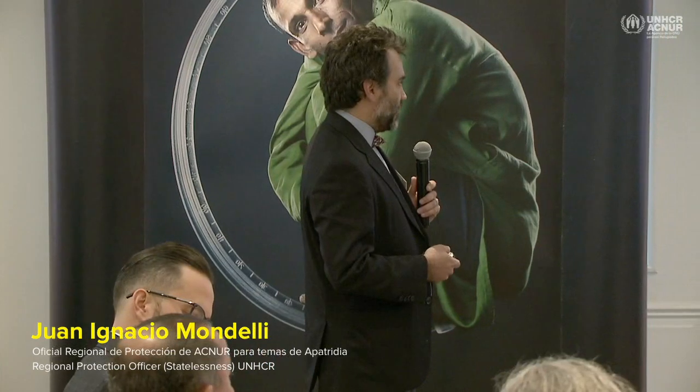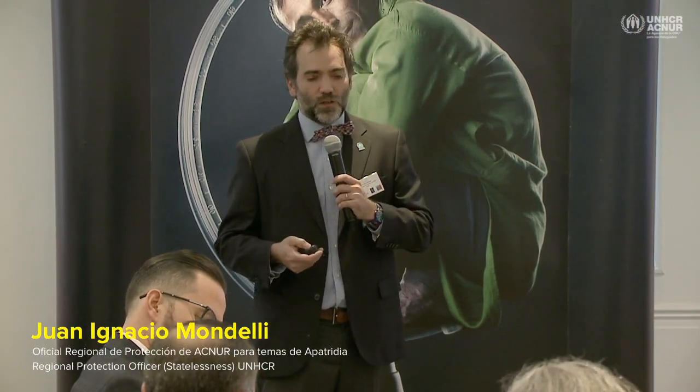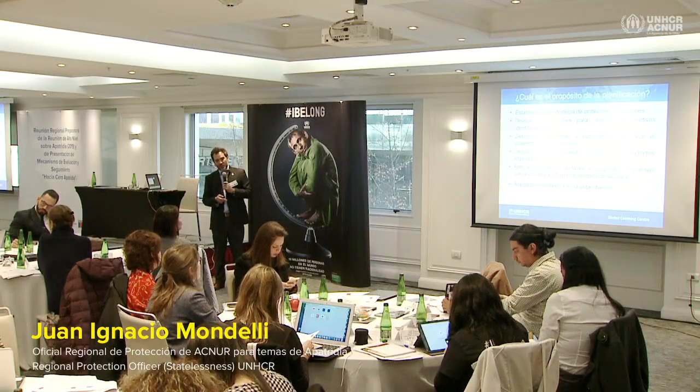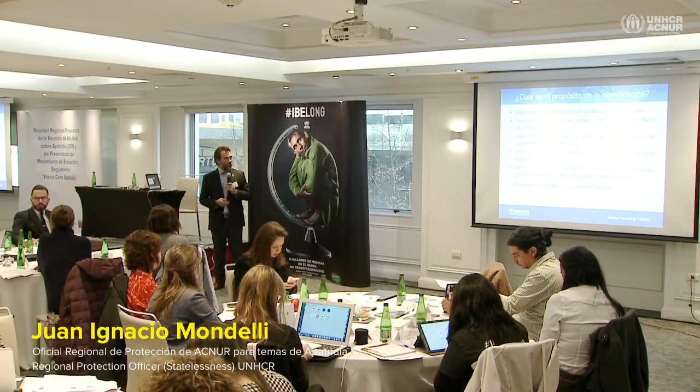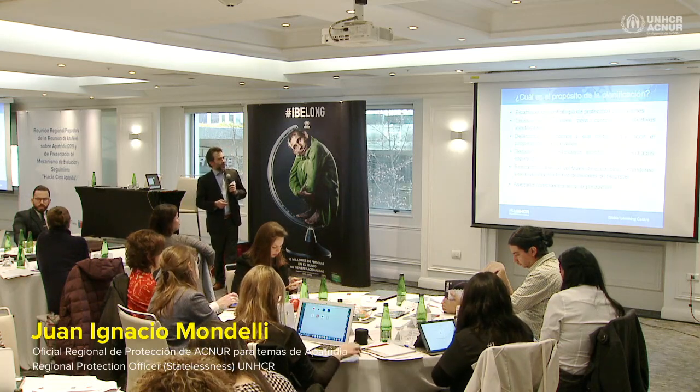So we have the operation plan to establish the strategies for protection and solutions. Protection, as we saw before, is in terms of ensuring the legal condition of migrants, stateless migrants like Maha, and then to ensure the naturalization.